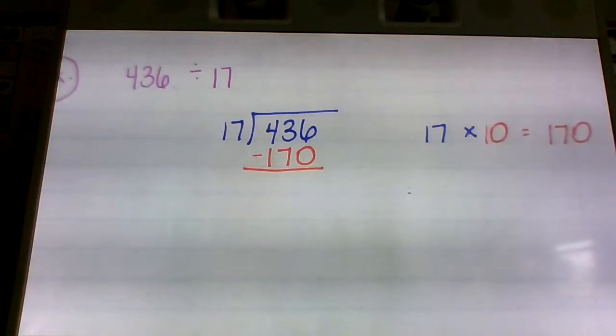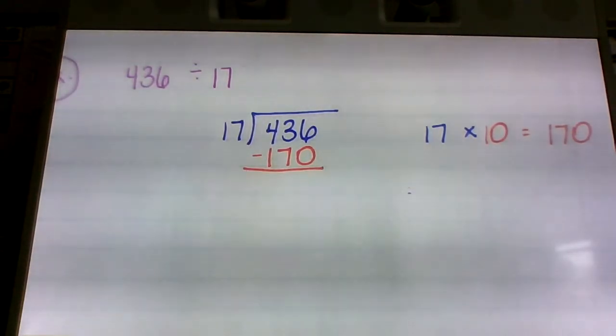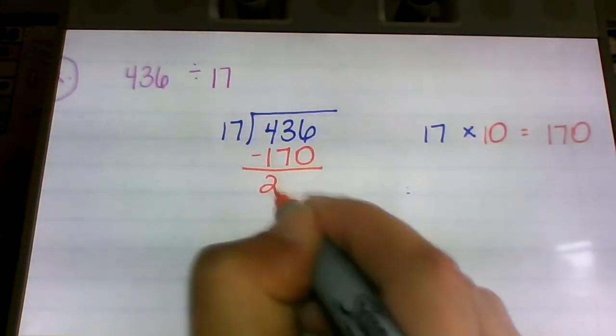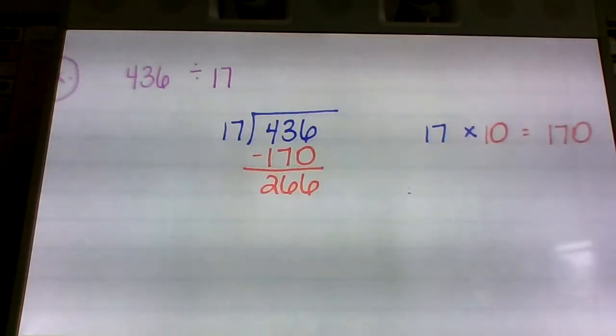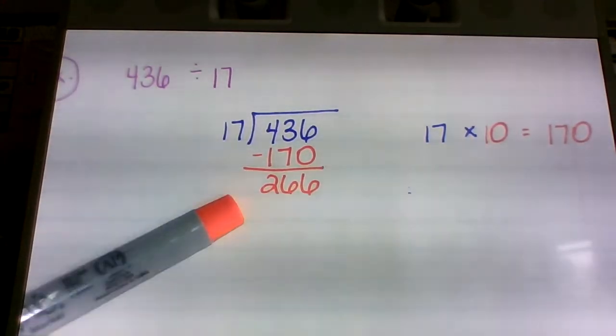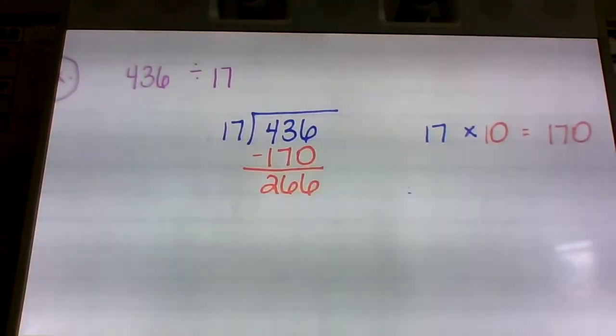When I subtract 436 minus 170, my remainder is 266. Now I tell my students we're not done because the remainder is larger than the divisor. So we're going to do another partial quotient.